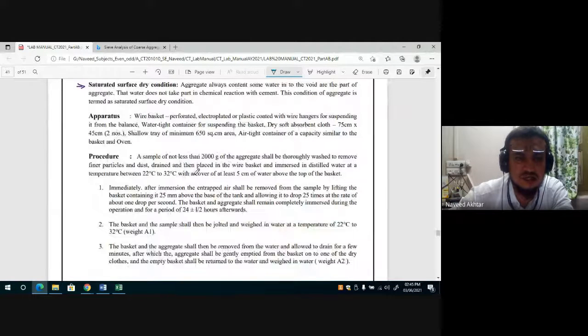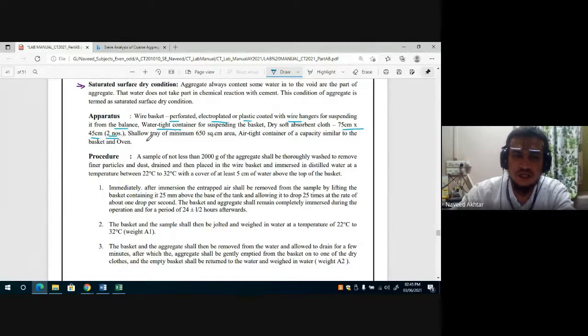The apparatus are a perforated wire basket, electroplated or plastic coated, with wire hangers for suspending it from the balance, a watertight container for suspending the basket inside, and dry absorbent cloth of size 75 centimeter by 45 centimeter, two numbers.